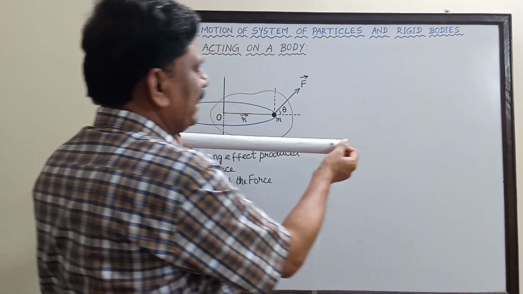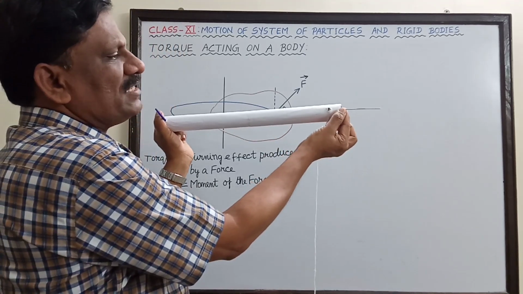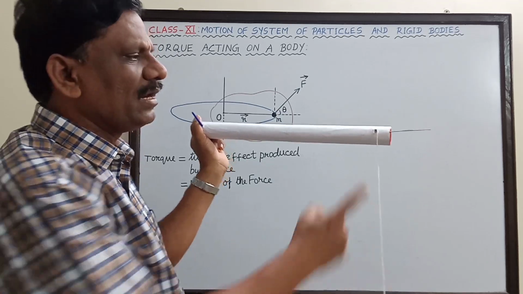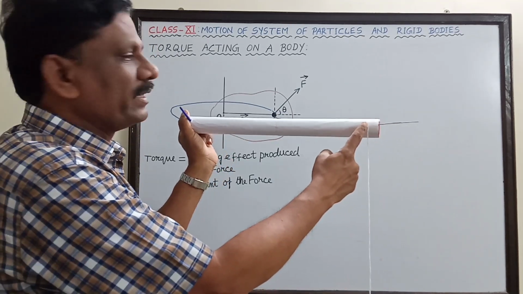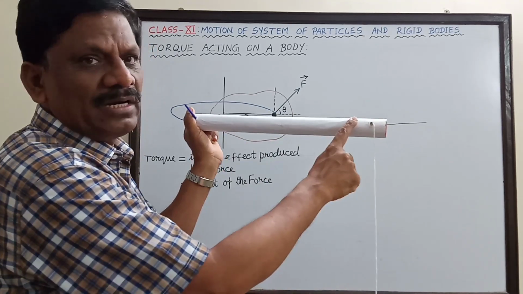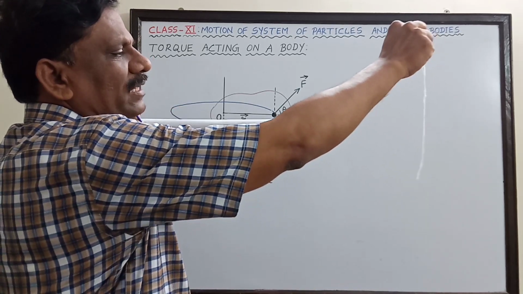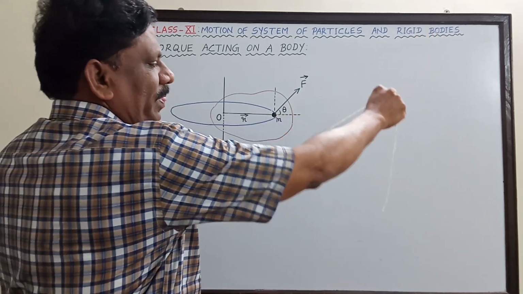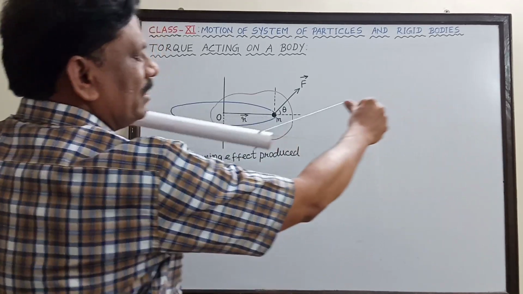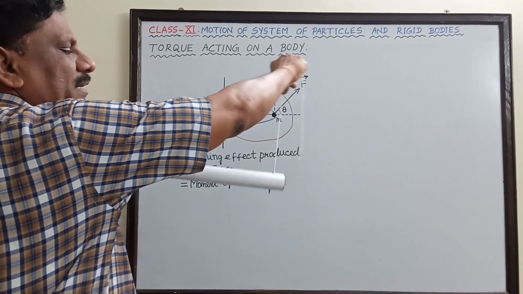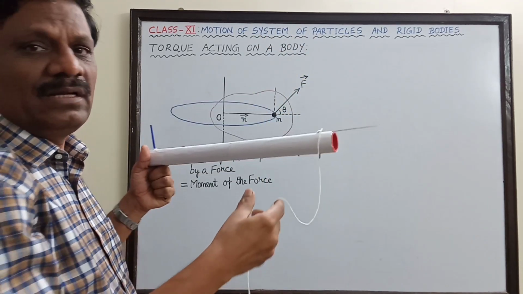This small stick indicates the direction of the position vector of one particle on this rod. I will keep the string at an angle like this. Now if I pull the string, the entire rod is going to rotate like that.